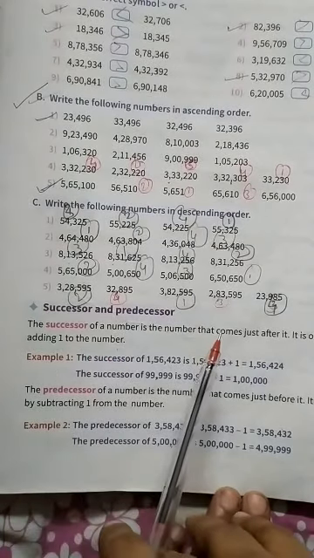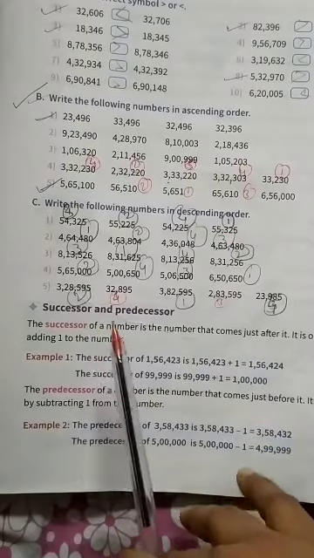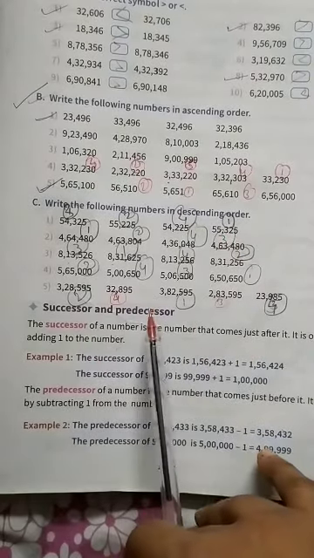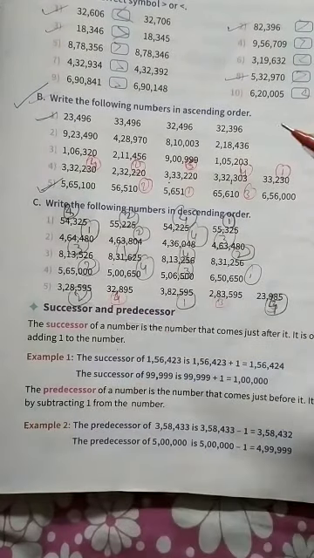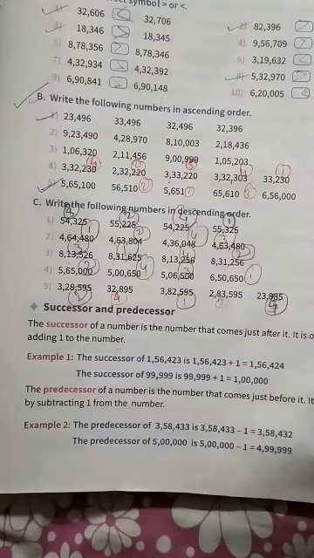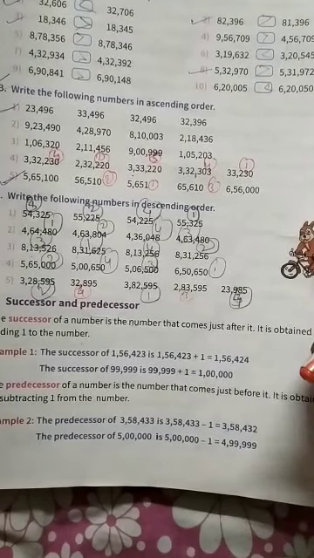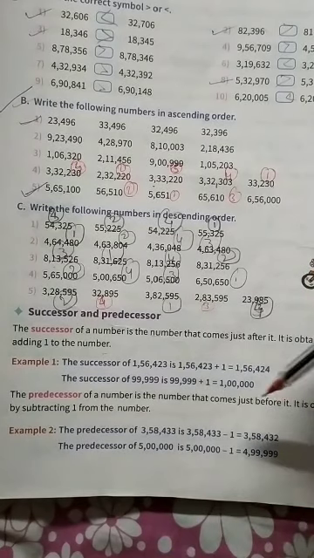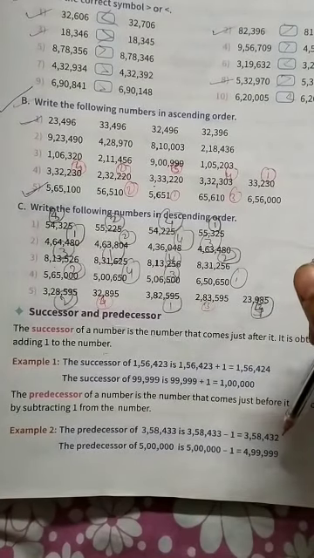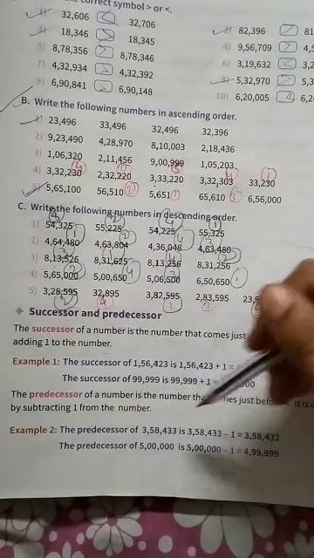If we add 1 to any number, the next number we directly get is the successor. And for the predecessor, just before, it means if we subtract 1 from that number, the number we obtain is the predecessor.